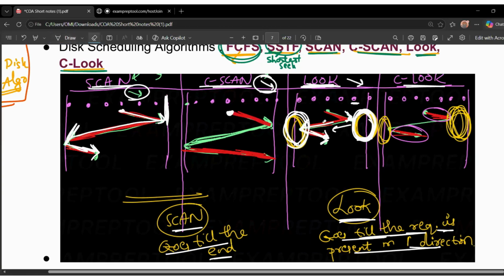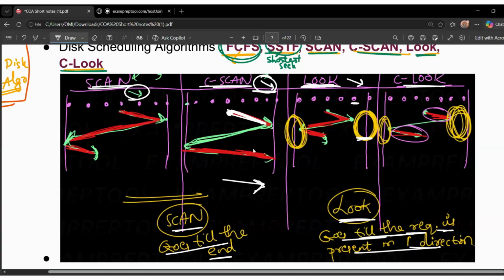Look into this red color. Only in this movement will your request be solved, your request will be processed. Only in the red color it will be processed, but it will go till the end, because it is scan, right?